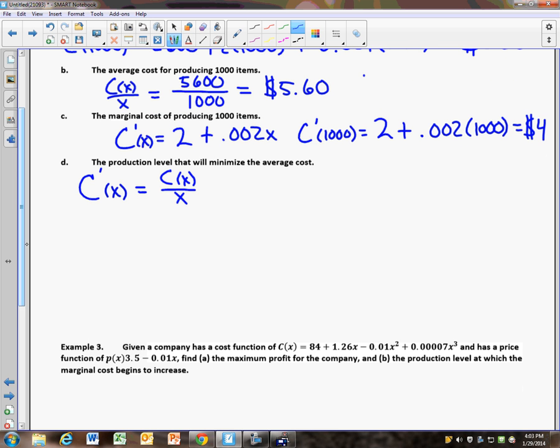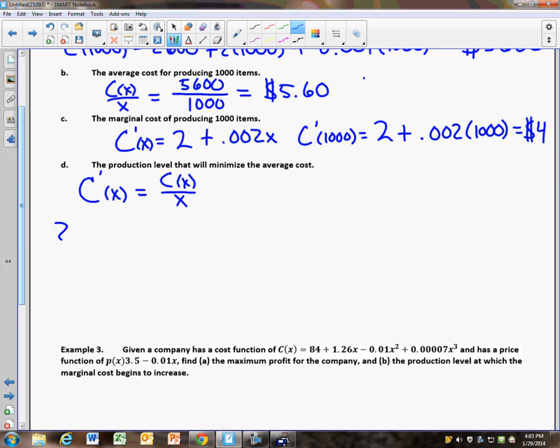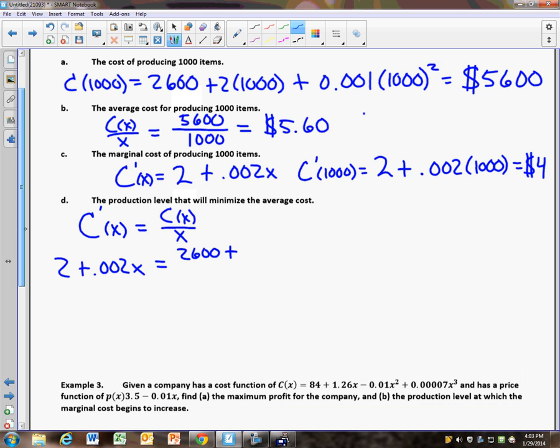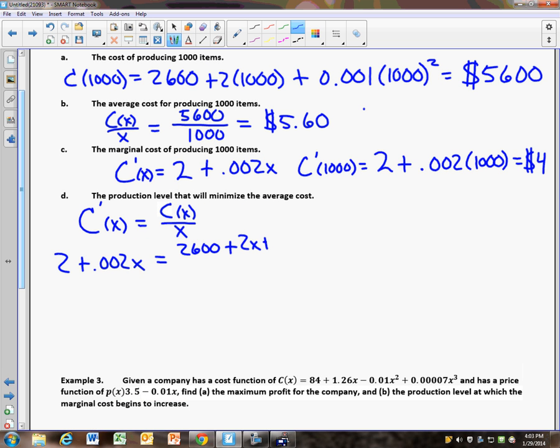Let's do it. C prime of x is 2 plus 0.002x equals, our cost function was 2600 plus 2x plus 0.001x squared, all over x.